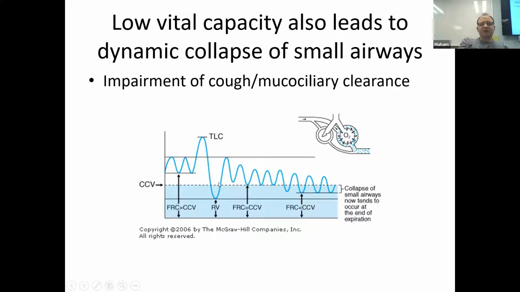So this patient that has restrictive lung disease, the place, if you will, of the tidal volume in the diagram that we saw earlier occurs at lower lung volumes, and you run into this critical closing volume where you have dynamic collapse of the small airways at end expiration. And this impairs mucociliary clearance and cough, and can lead to a situation like chronic bronchitis. It can lead to atelectasis and further compound the stress on the respiratory system that this patient is facing.